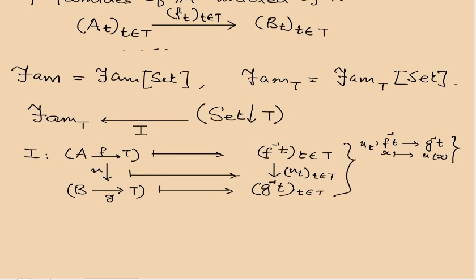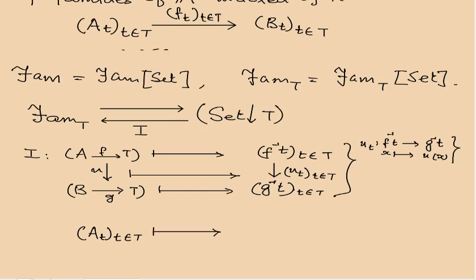What about the other side? I take a family and I am to give a set. So what do I take?